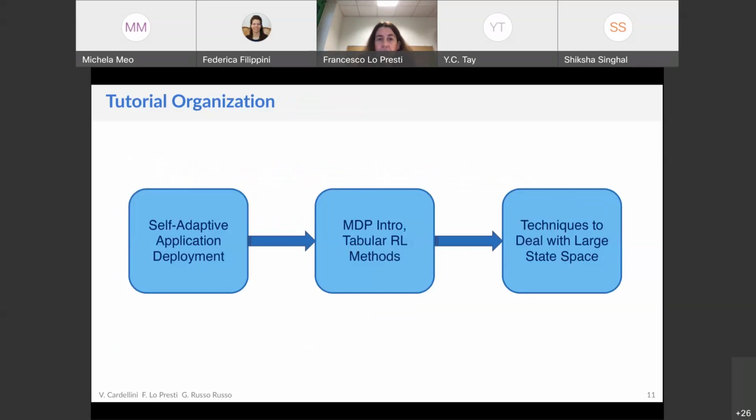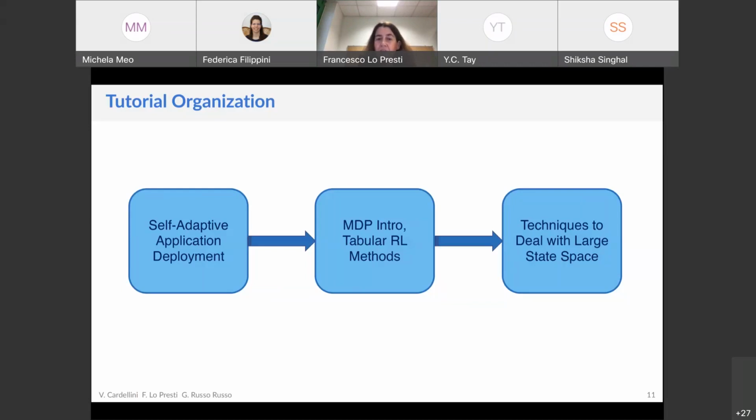So in particular, in the first part of the tutorial, which is presented by myself, beside this introduction, we will see some basic architectures to deal with the deployment of self-adaptive application.